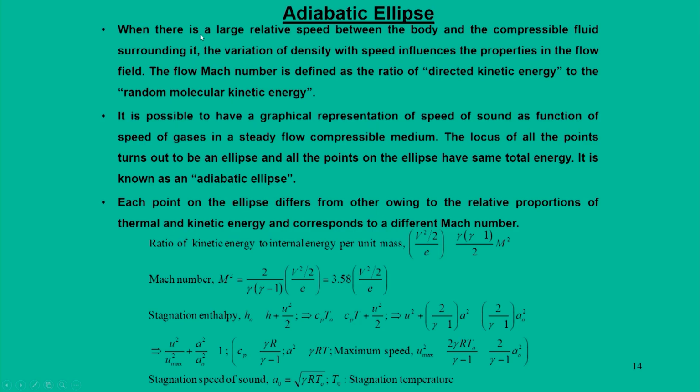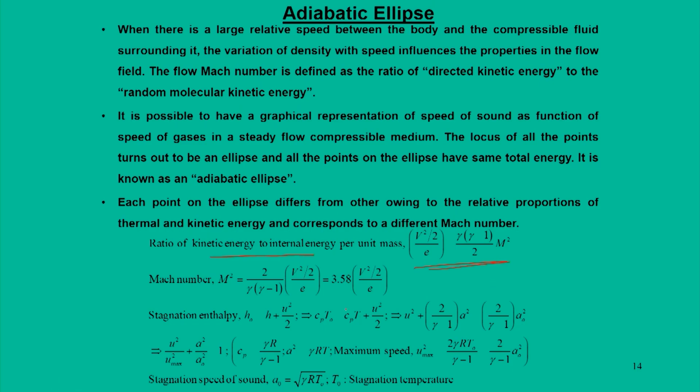So, we know from our previous discussion that when there is a large relative change of speed between the body and the compressible fluid surrounding it, the variation of density with speed influences the property of the flow field. So, the Mach number is defined as the directed kinetic energy to the random molecular kinetic energy. This is how we can correlate the ratio of kinetic energy to internal energy in terms of Mach number.